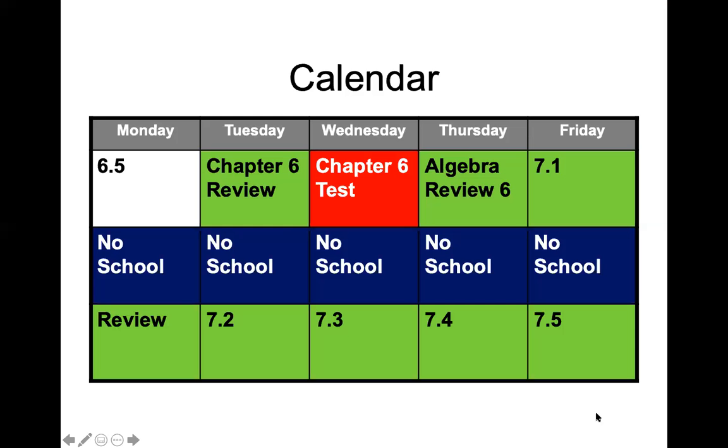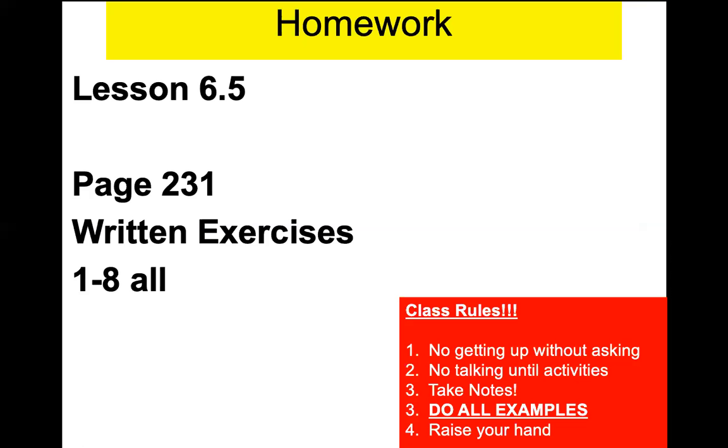Back to this. Calendar-wise, we're going to do a review tomorrow, test on Wednesday. Here we go. Homework for tonight, 1 through 8 all. The chapter actually ends on a very easy section. It is 2 weird theorems, but the understanding of them is pretty easy.